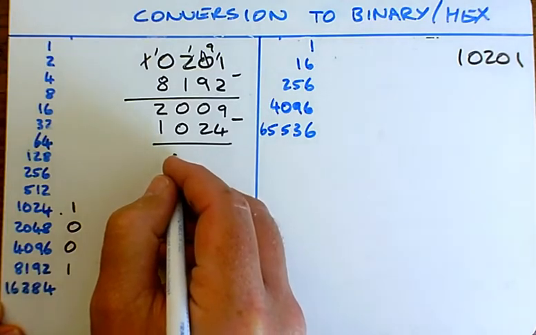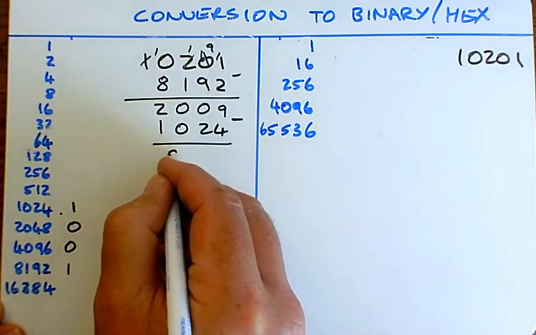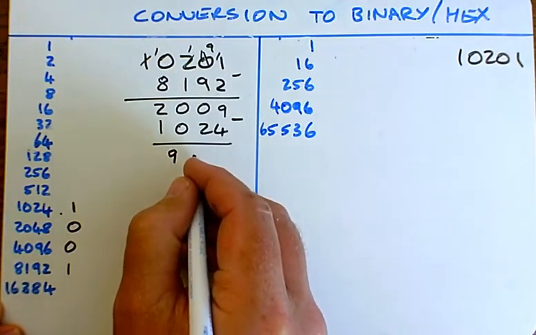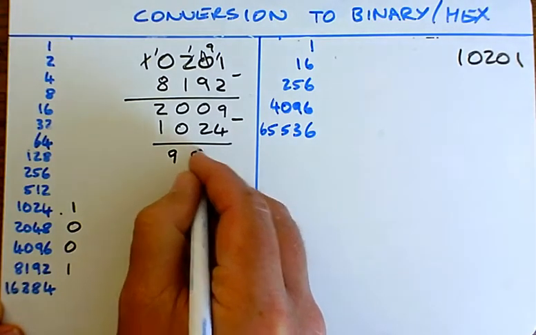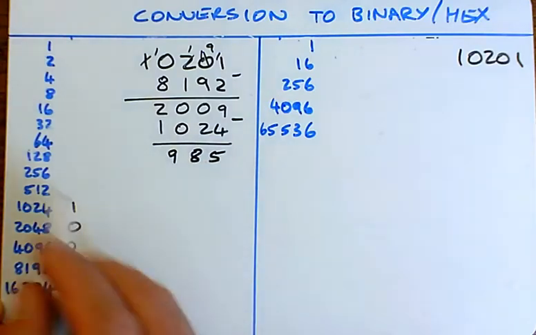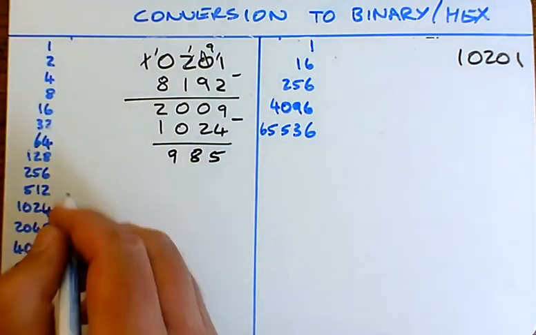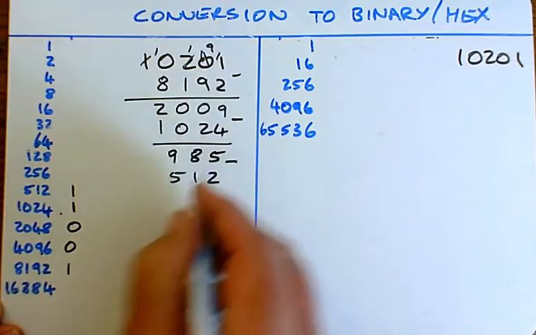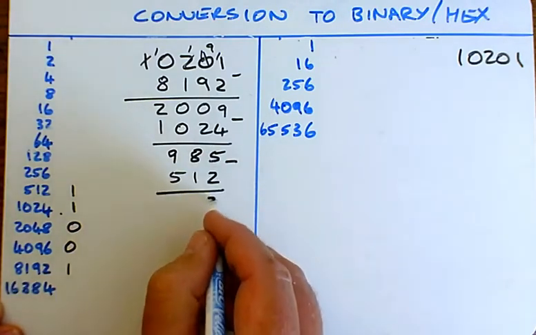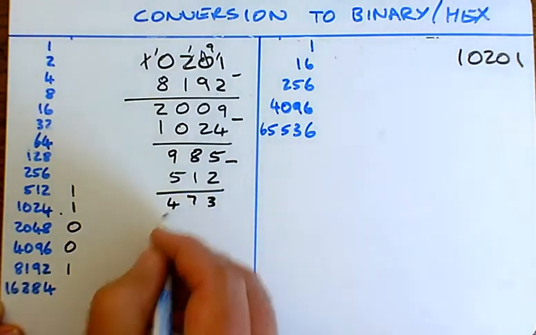So that is 985. Okay, so I'm going to look for the next biggest number, which is 512. Do the subtraction again. 374.